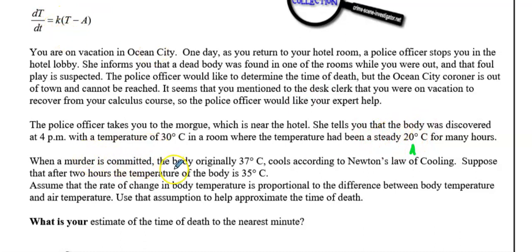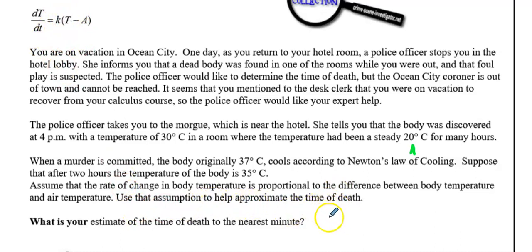When the murder is committed, the body, originally 37 degrees Celsius, which is the normal temperature for a human body, cools according to Newton's law of cooling. Suppose that after 2 hours, the temperature of the body is now 35 degrees Celsius. Assuming that the rate of change in the body temperature is proportional to the difference between body temperature and air temperature, which we get over here in this one, we'll use that assumption to help approximate the time of death.